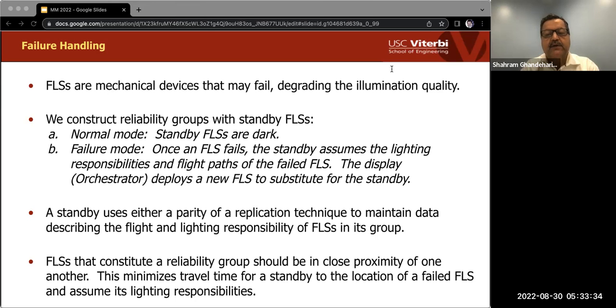The standby uses either a parity or a replication technique to maintain this data. It is important for the FLSs that constitute a reliability group to be in close proximity of one another to minimize the travel time for the standby to the location of a failed FLS. This enhances the quality of an illumination.